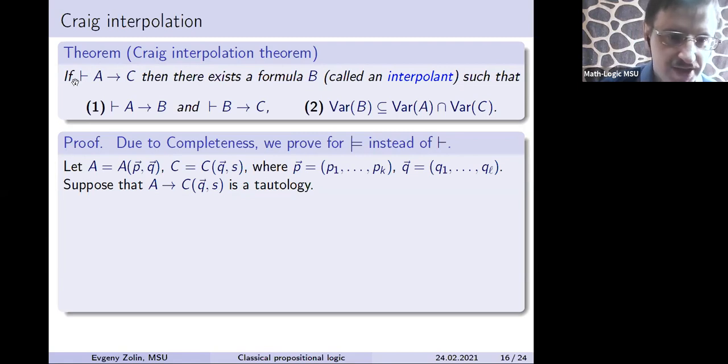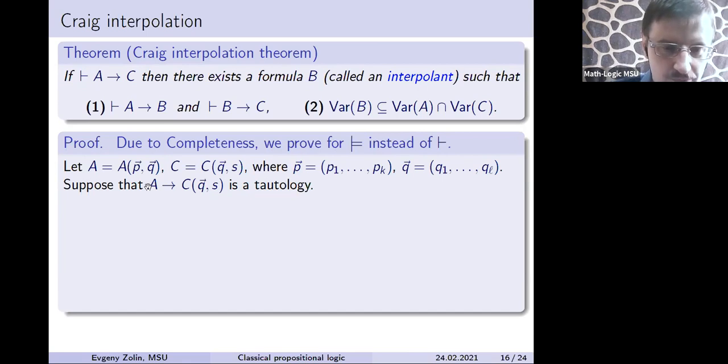Of course, if we think about this theorem as a theorem for our axiom system, this theorem is not trivial at all. And there are many axiomatic systems that do not have the interpolation property. But here we replace provability with consequence. And so our assumption is A implies C is a tautology.